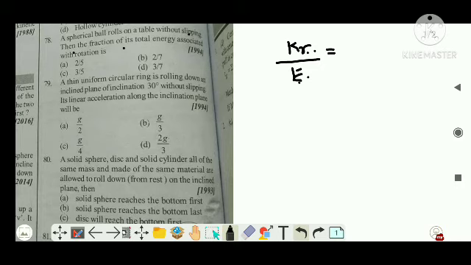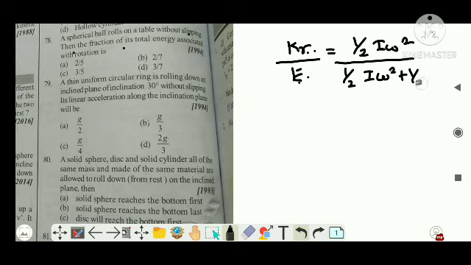So what is the equation for rotational kinetic energy? It is half I omega squared, whereas the total energy will be the sum of rotational as well as translational kinetic energy. So it is half I omega squared plus half m v squared. Simple, right?